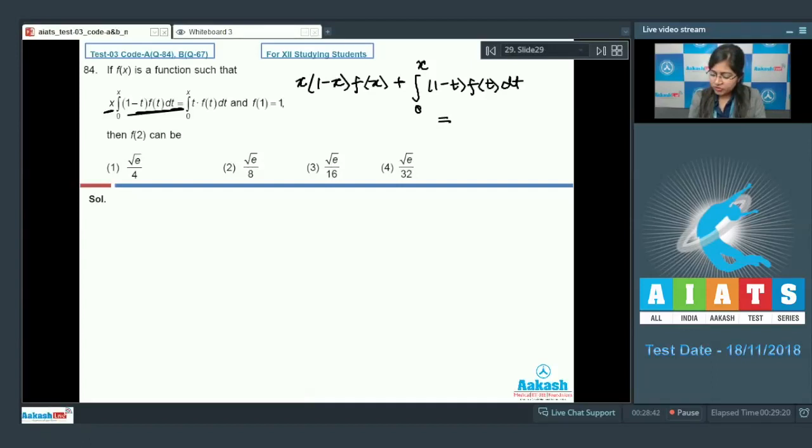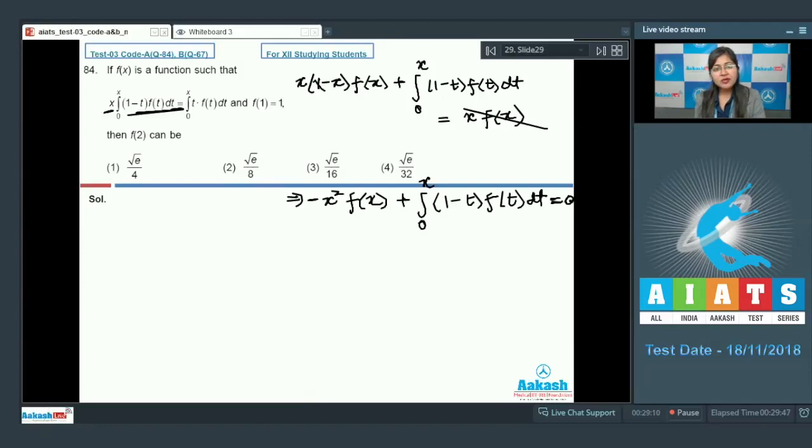On the right hand side, differentiating this, we will get x into f(x). Now this term will get cancelled with this term. So basically from here we get minus of x square into f(x) plus integral from 0 to x (1 minus t) into f(t) dt is equal to 0.